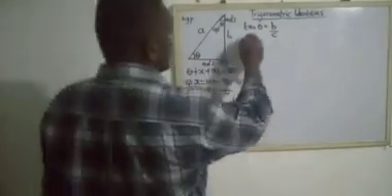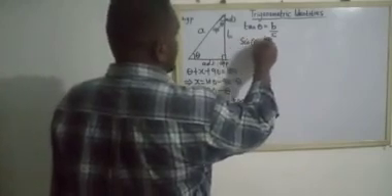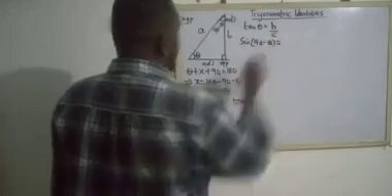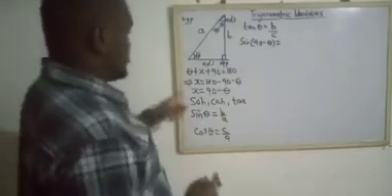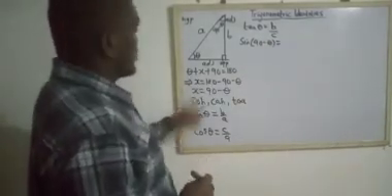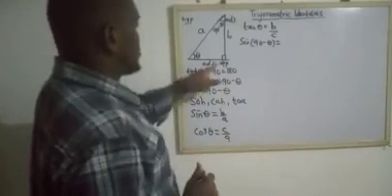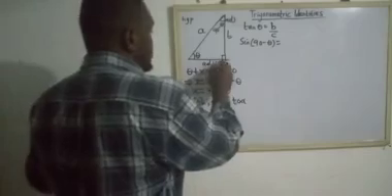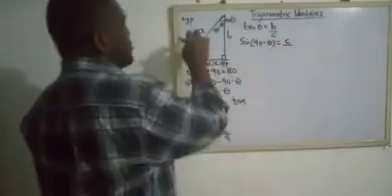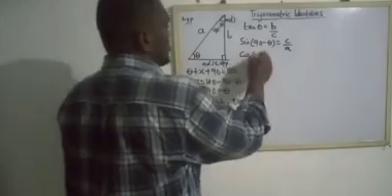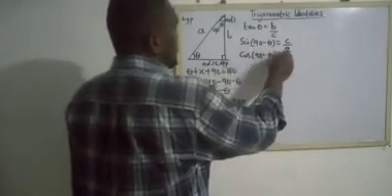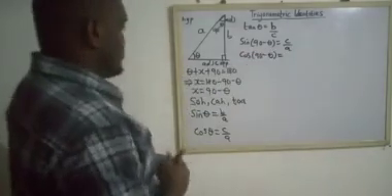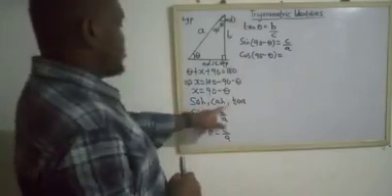So what will be sine of 90 minus theta? Remember, opposite over hypotenuse. The opposite now is my side C, so it is C over hypotenuse A. Cos 90 minus theta will be adjacent over hypotenuse.